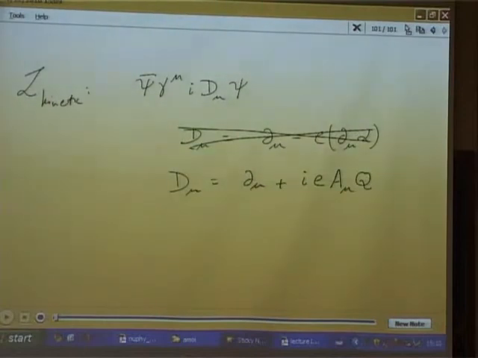That's exactly what you want to say. So this Q takes care of the charge of the particle. So D mu should transform like this. But this A mu should also transform under the gauge transformation, like A mu minus e times delta.